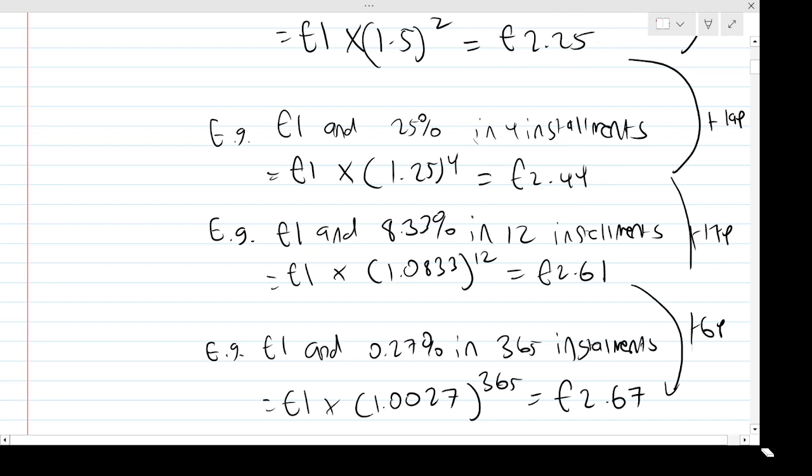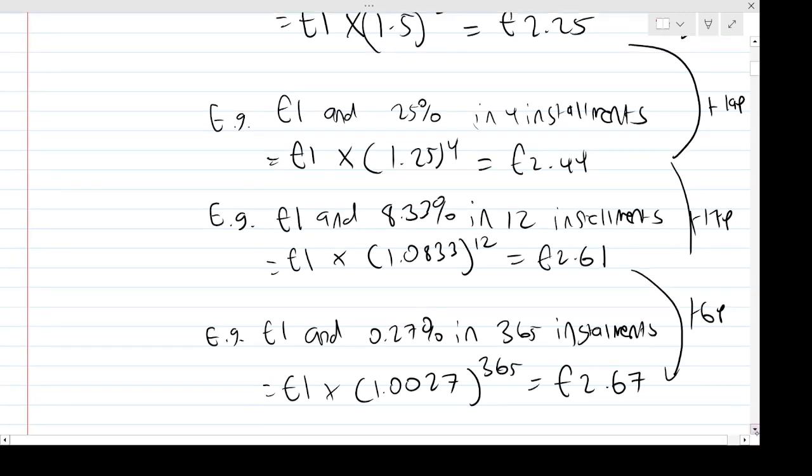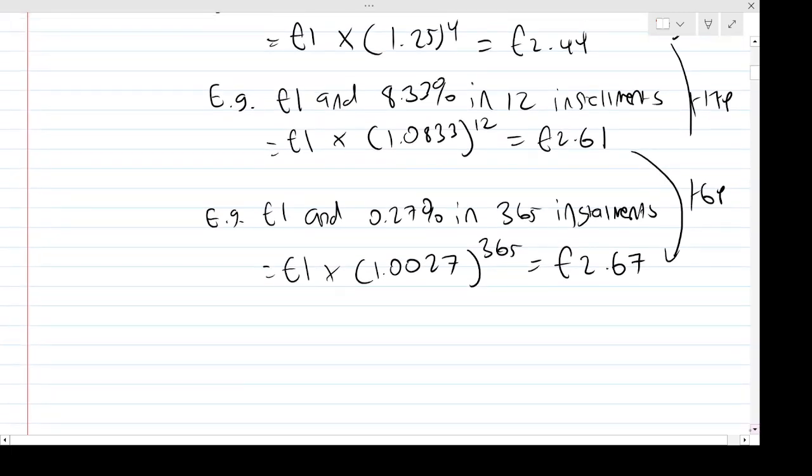So what happens if I split it in general into n installments? Actually, no. Let's say we have £1, and then let's say we have a really big number. Let's say we have 1,000,000 installments.